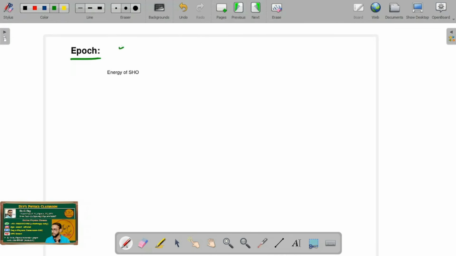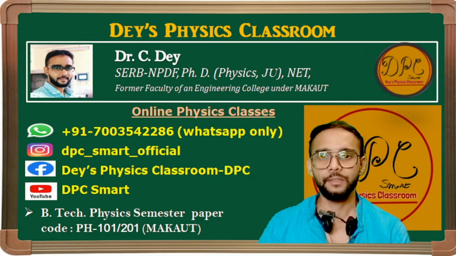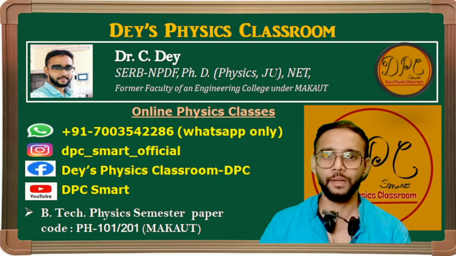That means if we write the displacement as x equals a sin of omega t plus phi, here phi is called the initial phase or epoch. Next I will discuss the energy of simple harmonic motion.